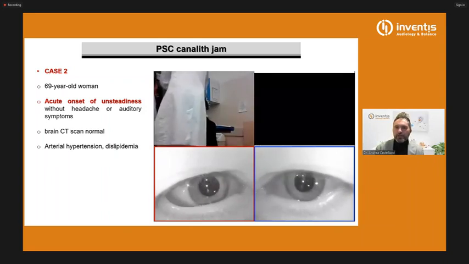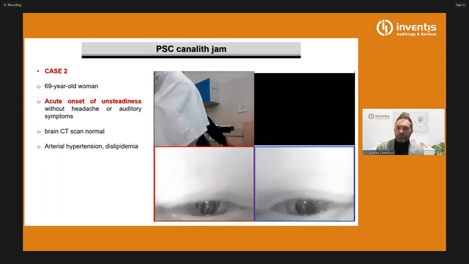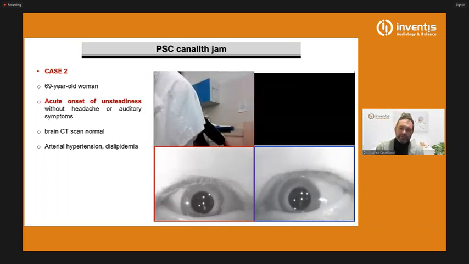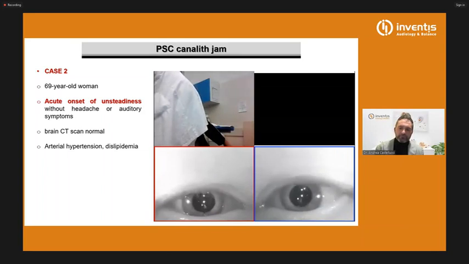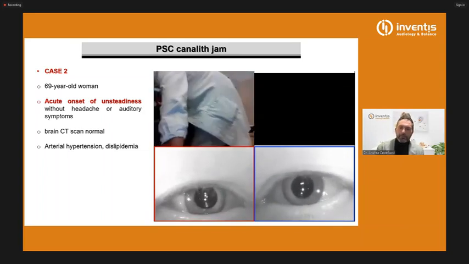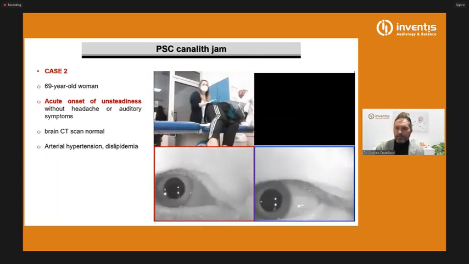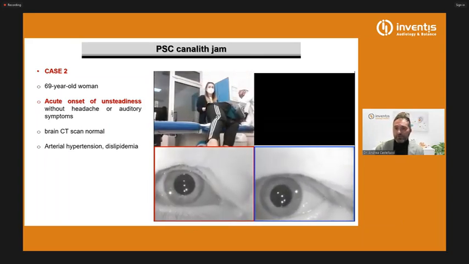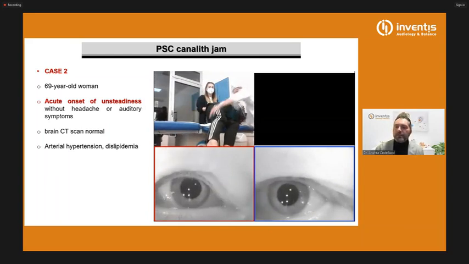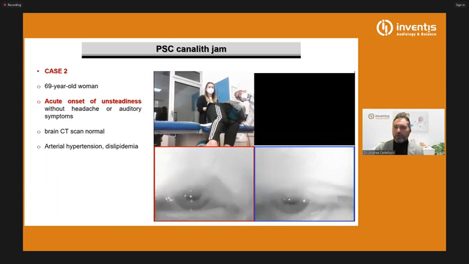So we try also to use some kind of bascule maneuver to see if something happens. These are basically maneuvers that help us to unblock some conditions where probably otoconia are stuck somewhere in the posterior canal.